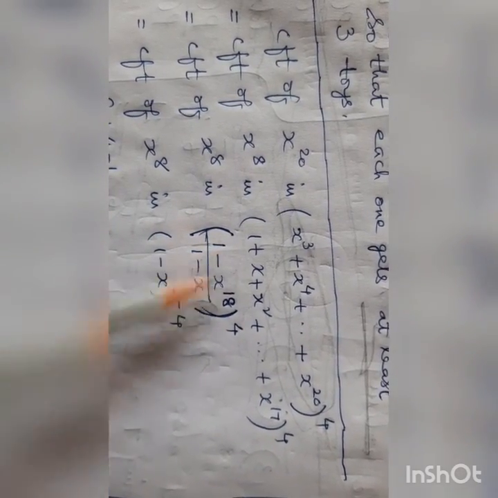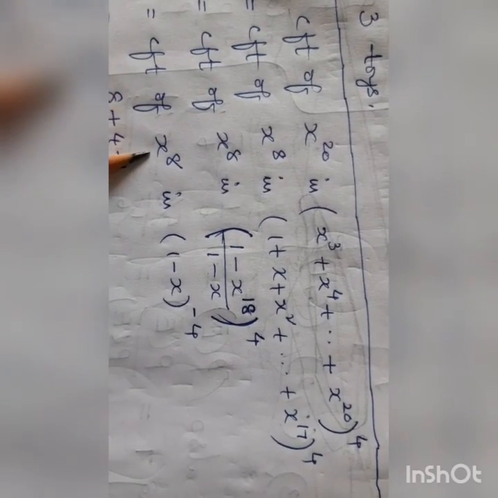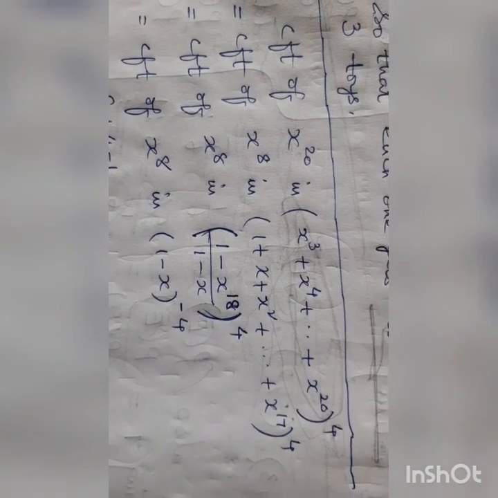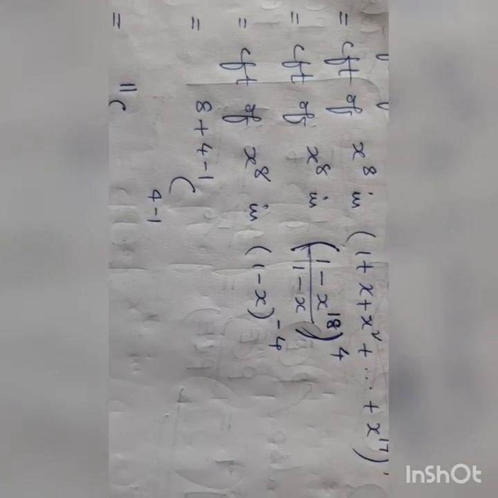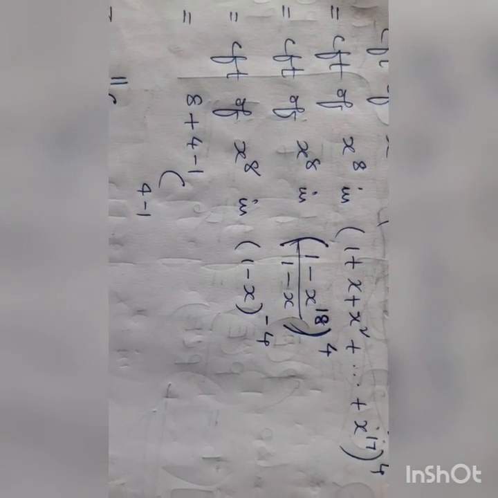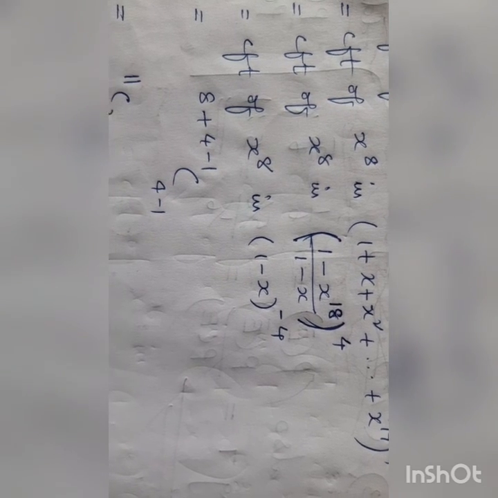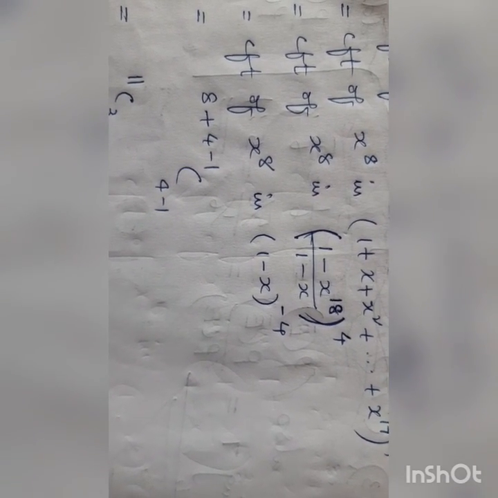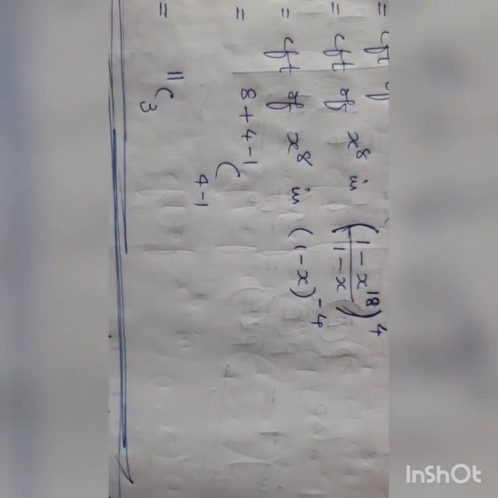No. That is why I did not take that one. The coefficient of X power 8 in 1 minus X whole power minus 4. The formula, as I told, is n plus r minus 1 C r minus 1, 8 plus 4 minus 1 C 4 minus 1, 11 C 3. So 11 C 3 is the answer.